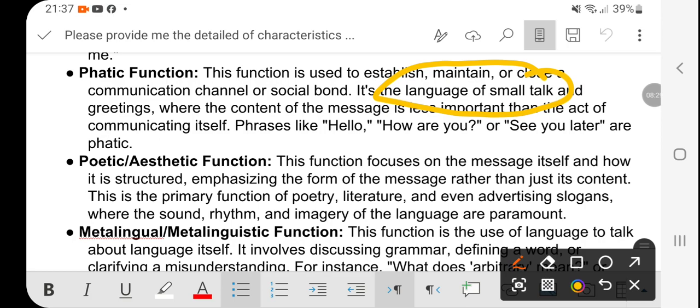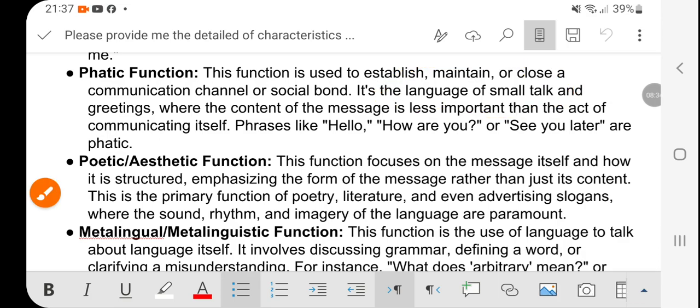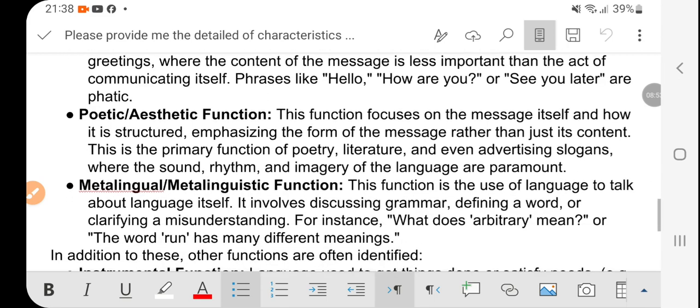"Hello," that's enough. Where the content of message is less important than the act of communicating itself. Then "hello, hello, hello," this way, different forms, right? So accordingly we communicate with very few expressions. So that is phatic function.